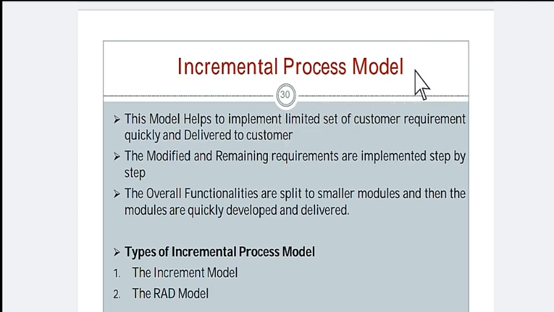Let us see some key points of this process model. This model helps to deliver a limited set of customer requirements quickly to a customer. So this is used for faster delivery of the software to the customer or client, but it is limited to the requirements.